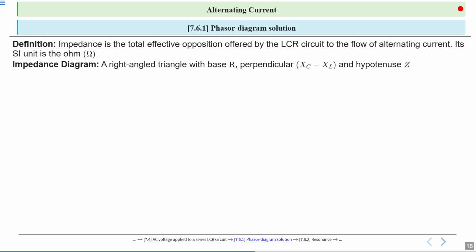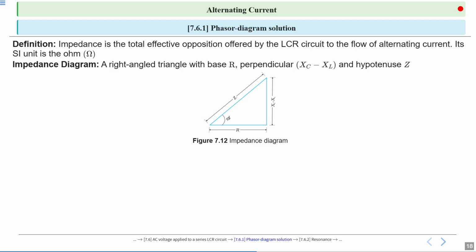Now the impedance diagram. We draw a right angle triangle with base R, perpendicular XC minus XL, and hypotenuse Z. This is phi, as shown in the phasor diagram. This is the resistance, this is XC minus XL, and this is the impedance. This is called the impedance diagram.